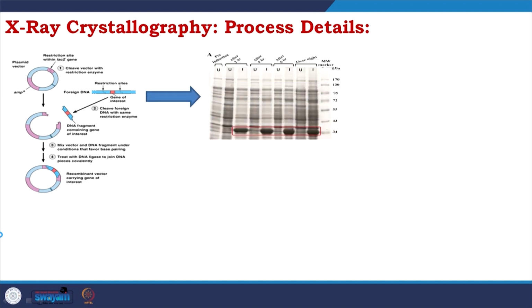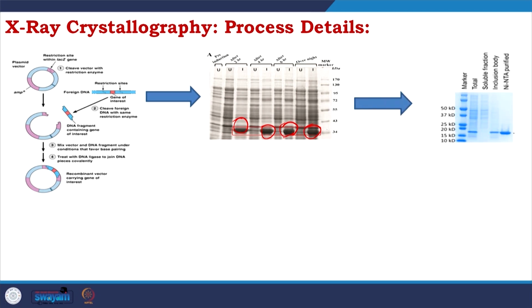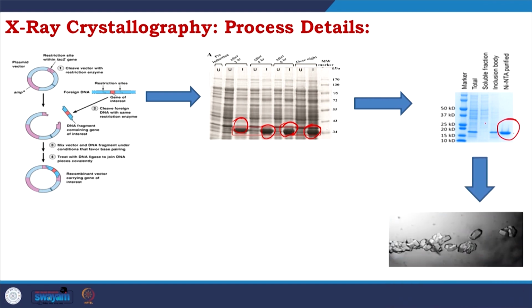You see the bands here, which are due to overexpression. This is uninduced and this is induced. When you get these fat bands, you know that your protein is overexpressed, and then this is the purified protein. So, you get a purified protein, then you go for crystallization.